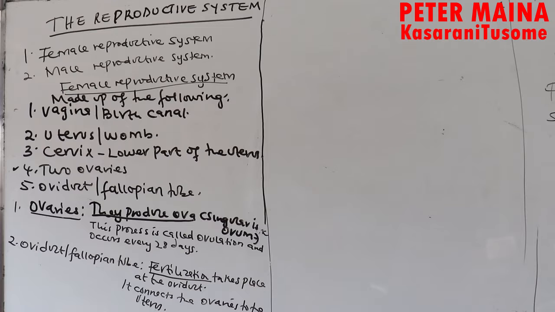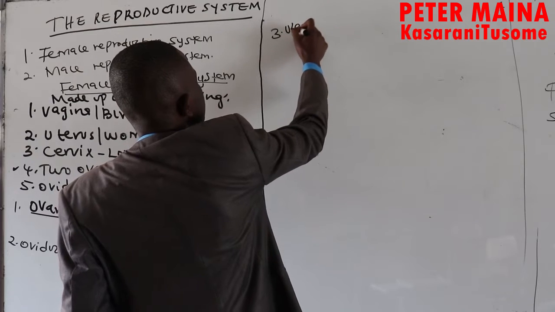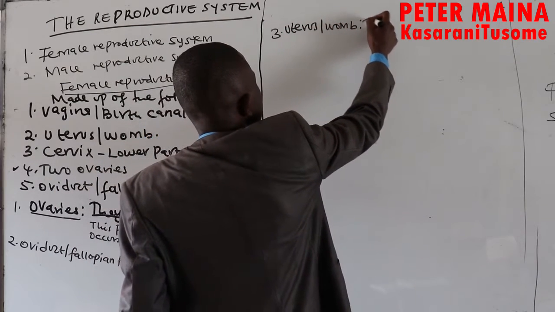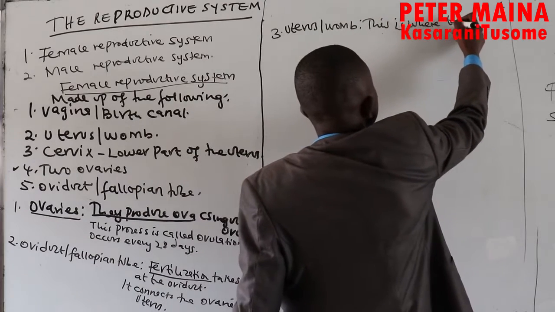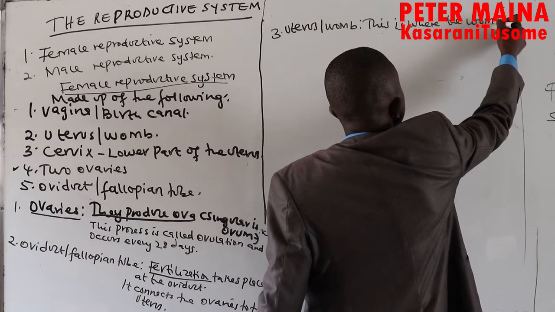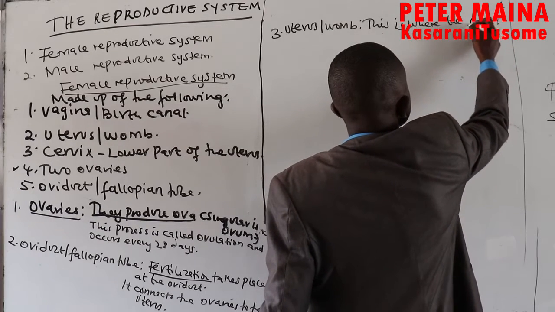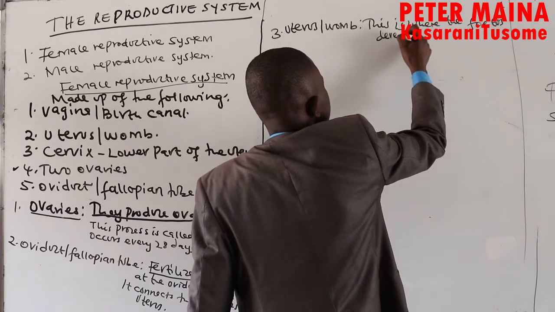Then we have the uterus, also called the womb. This is where the fetus develops.